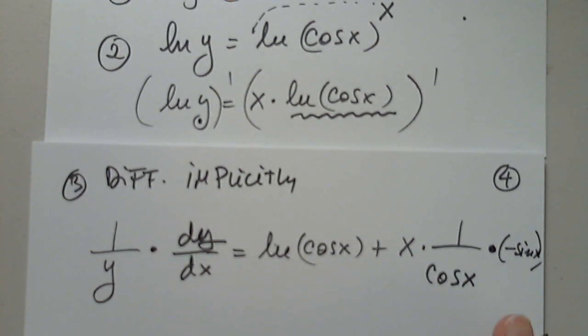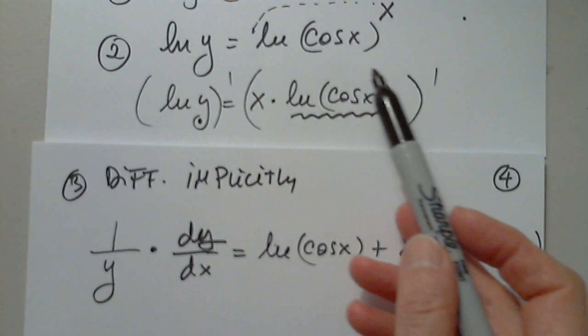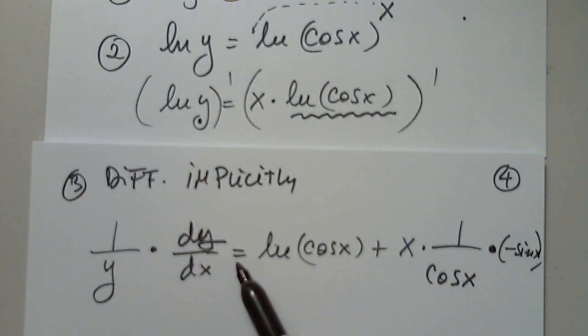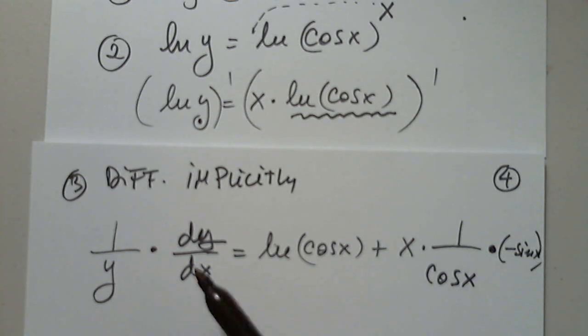Only one equal symbol. This is an equation. Do not continue to the sides. Do not write the equal symbol and continue. It's an equation. Every step of the way has one left-hand side, one equal symbol, and one right-hand side. Notice that I went back to the next line and copied the left-hand side. Do not go to the sides. Equals natural log of cosine x minus x sine over cosine, which is tangent x.